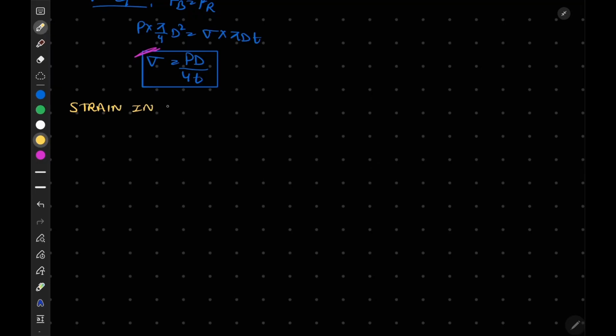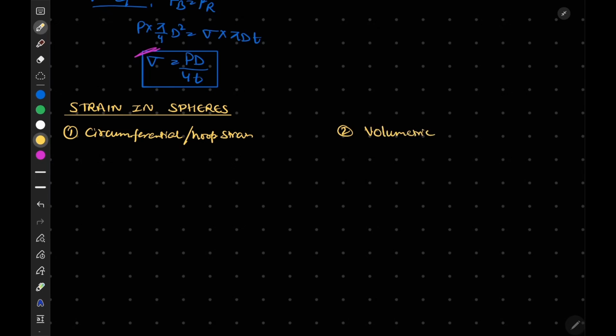There are two types of strain basically occurring here. First, we talk about your hoop or circumferential strain, and second, your volumetric strain.